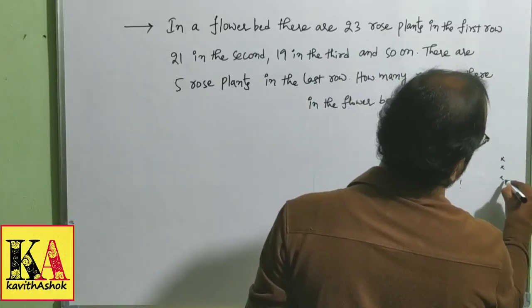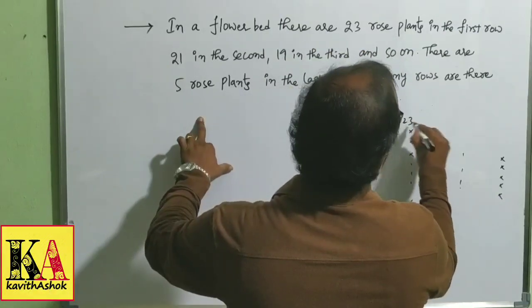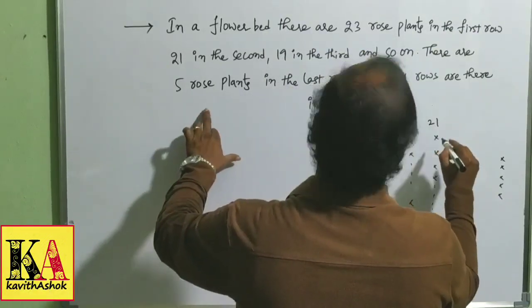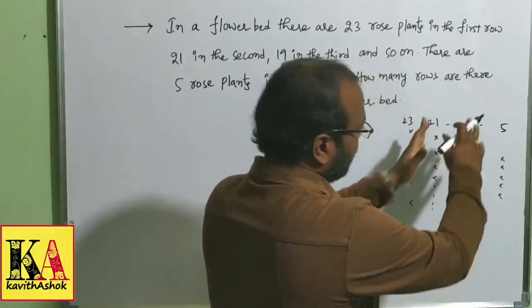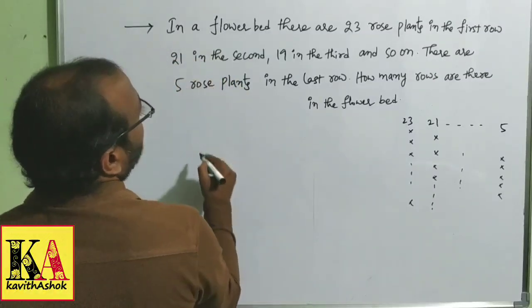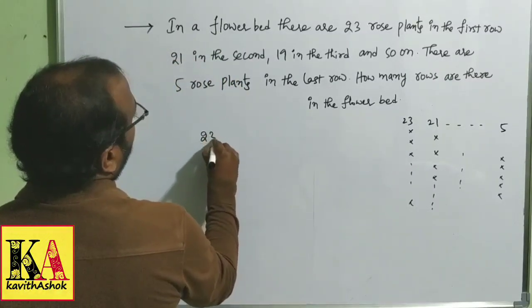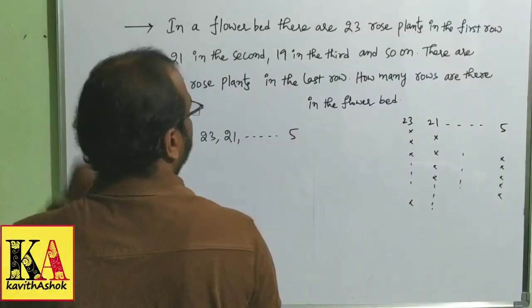In the first row, 23 plants are there. In the second row, 21. So on, in the last row, 5. We want how many rows are there. So 23, 21, and so on, 5.